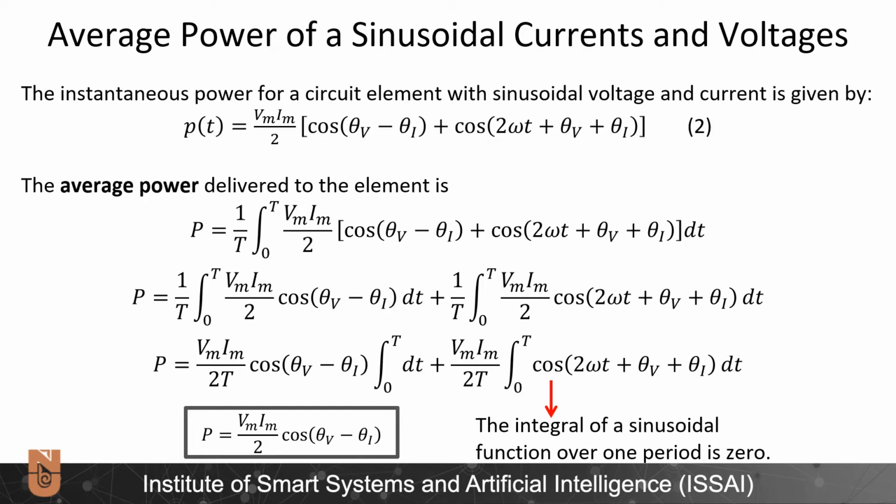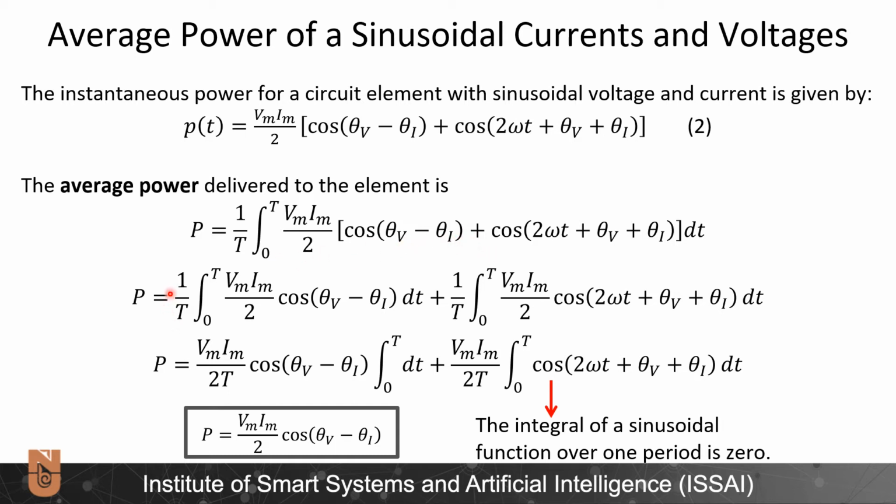In the previous slide, we found that the instantaneous power for a circuit element with sinusoidal voltage and current is given by this equation 2. And let us calculate the average power delivered to this element, where P is equal to 1 over T times an integral from 0 till T of this expression 2. We can divide this expression into two integrals.